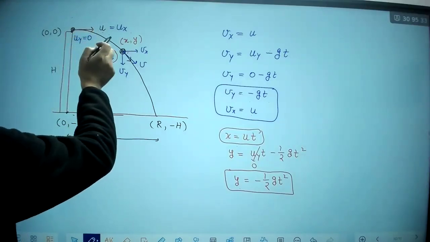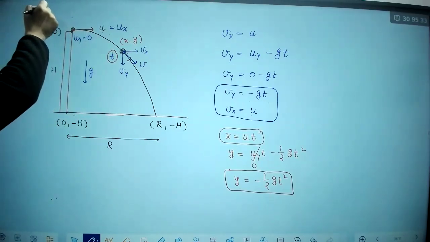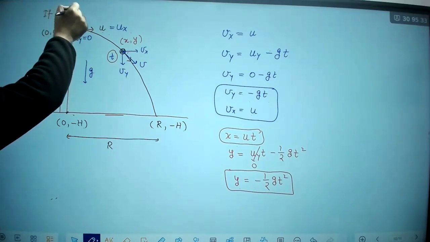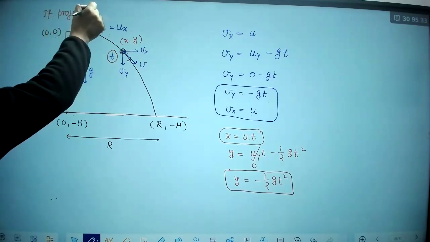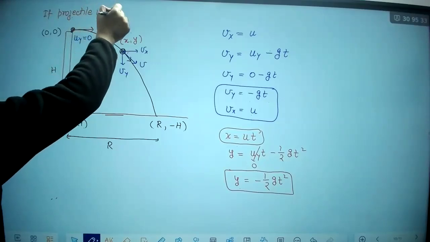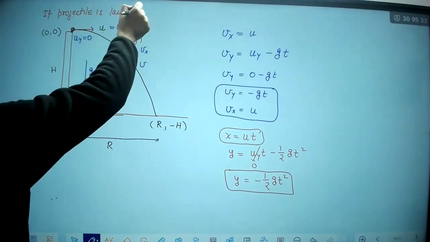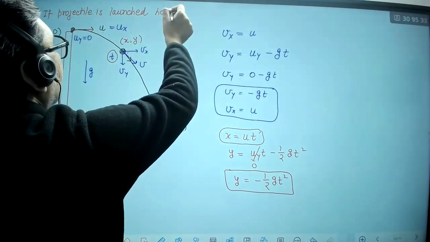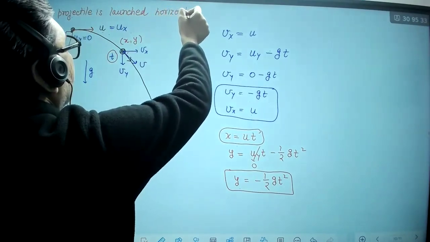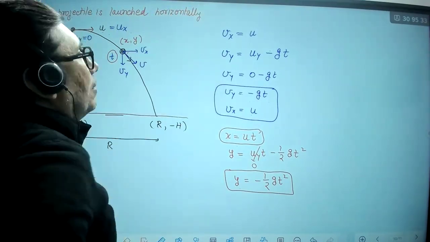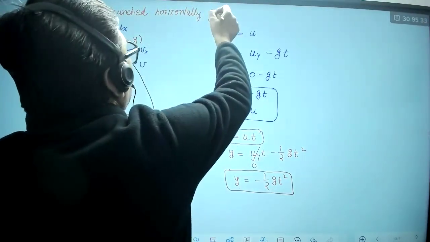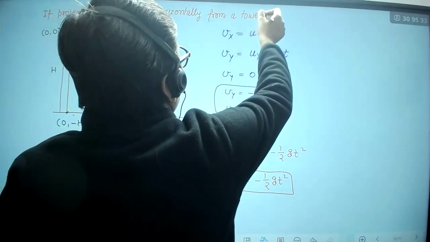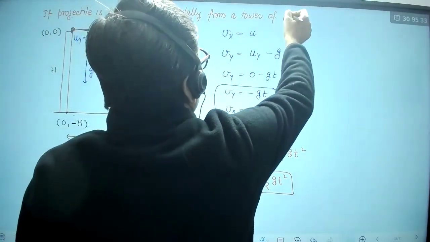If a projectile is launched horizontally from a tower of height h.